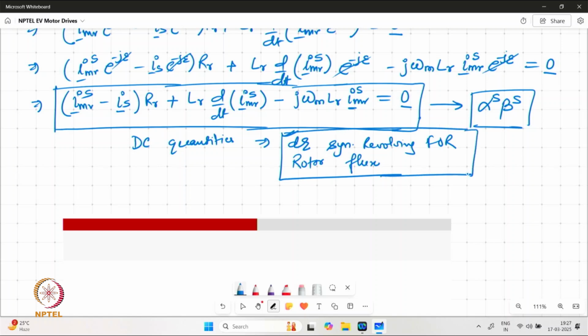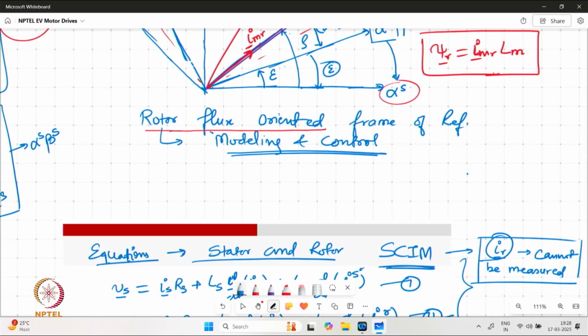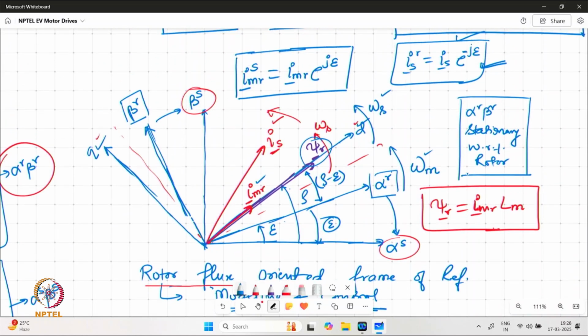Now, once again, if we revisit our different frames of reference, we have now defined the quantity IMRS, which is in the stator frame of reference, and actually this quantity is aligned along the D axis, which means that in the DQ frame of reference, if at all it's a vector, or in simpler words, there is a vector IMR which is rotating at speed omega s, forming an angle rho at a given point of time.